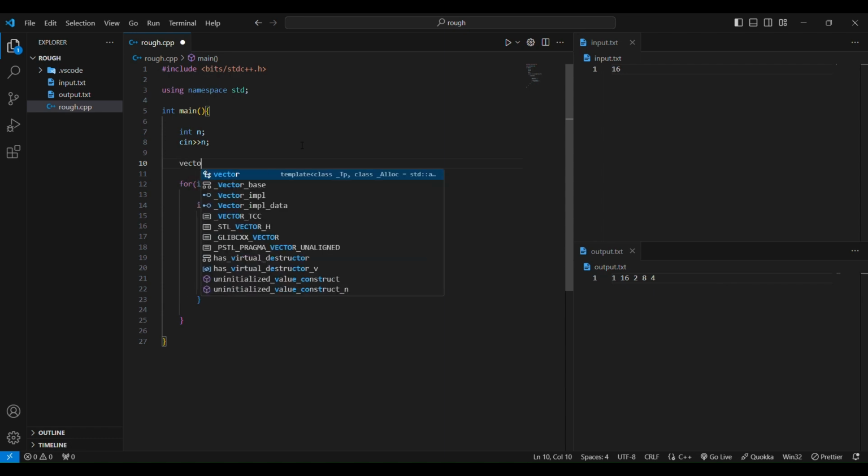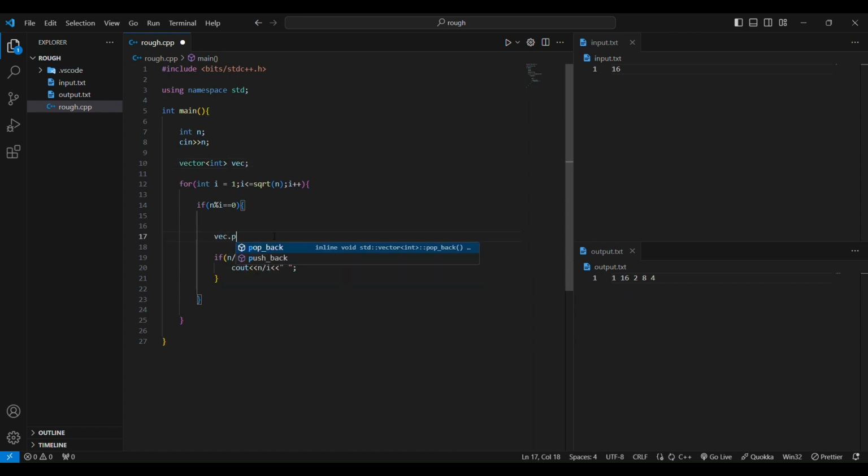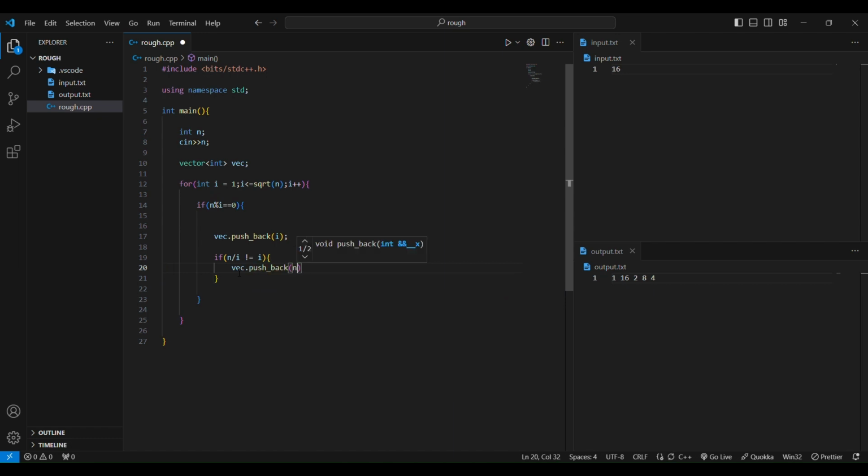So if you want to sort it, just put them in a vector. I'm just putting them like push back I and n by I also. I'm giving it into a vector, and at the end I'm just sorting it.